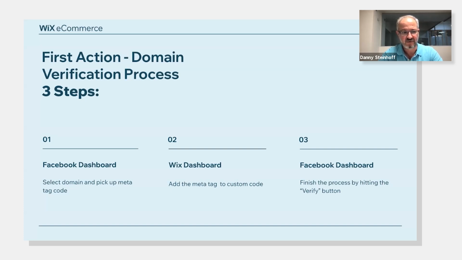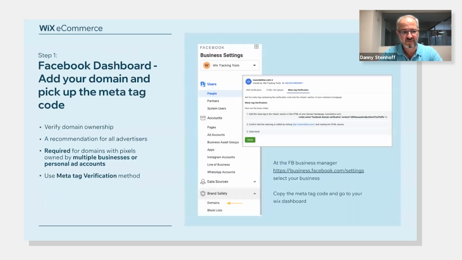Okay, so let's go to the first step, to the Facebook dashboard. Here on the right you have the URL, business.facebook.com/settings. That's the place where you start the process of domain verification.